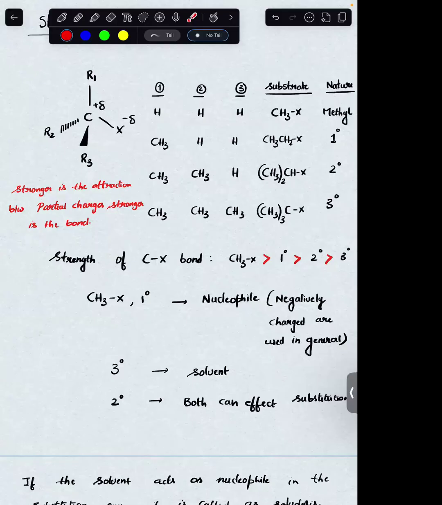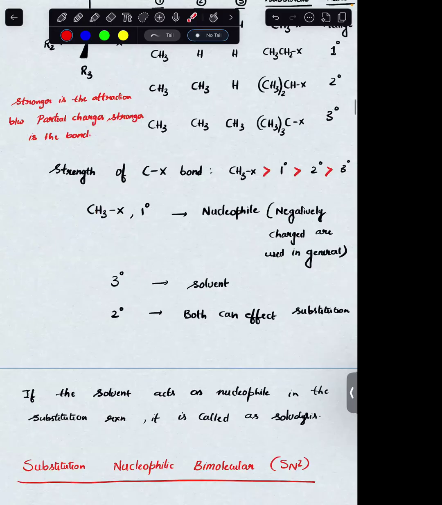You need not have a negative nucleophile. If it is 1 degree and methyl, you should definitely have a negative one. If it is 2 degree, it's your wish. You can take negative, you can take neutral, whatever you want. Is that clear? So if the solvent acts like a nucleophile in the substitution reaction, it is known as solvolysis.